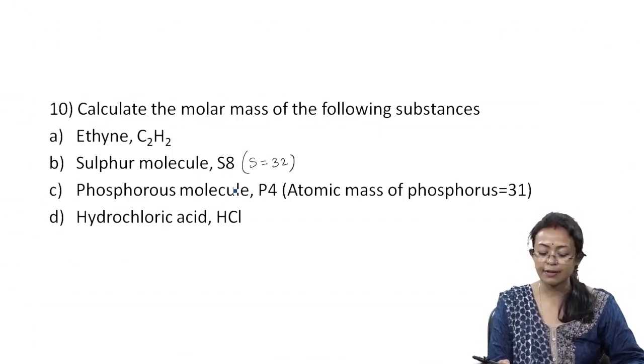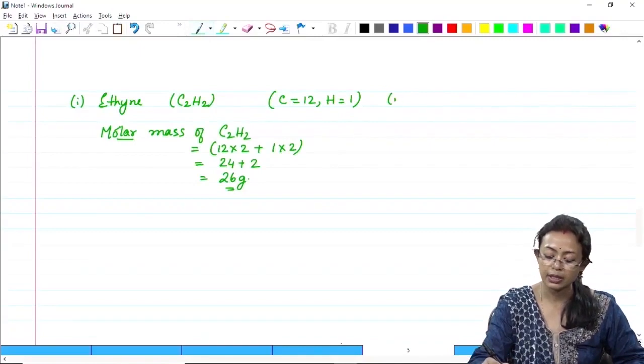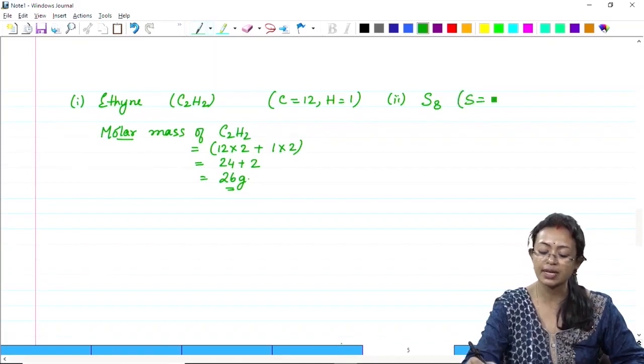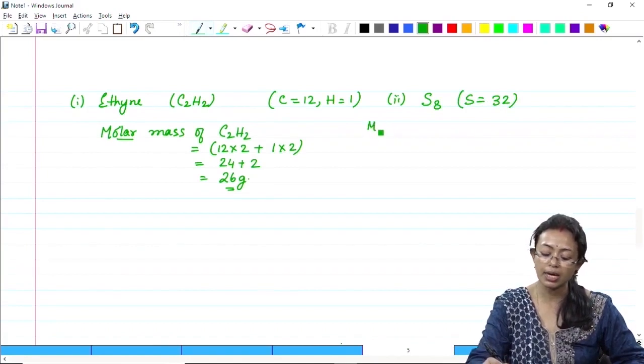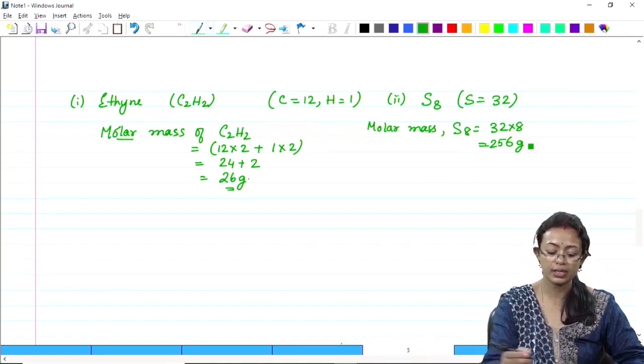Next, sulfur molecule. Sulfur has a chemical formula of S8 and the atomic mass of sulfur is 32. So the molar mass of S8 is going to be 32 into 8, that is 256 gram.